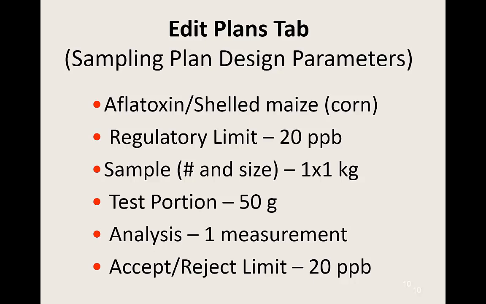So on the Edit Plans tab, you select your commodity and mycotoxin that you're interested in. You specify a regulatory limit. You specify the number and size of your laboratory sample. You specify the size of your test portion, and you specify the number of analyses you're going to perform on each test portion. Finally, you specify an accept-reject limit.